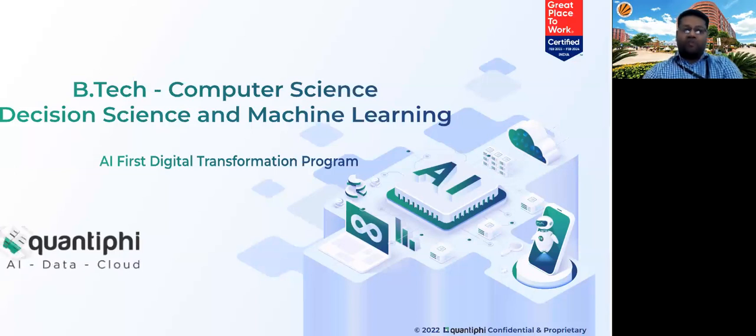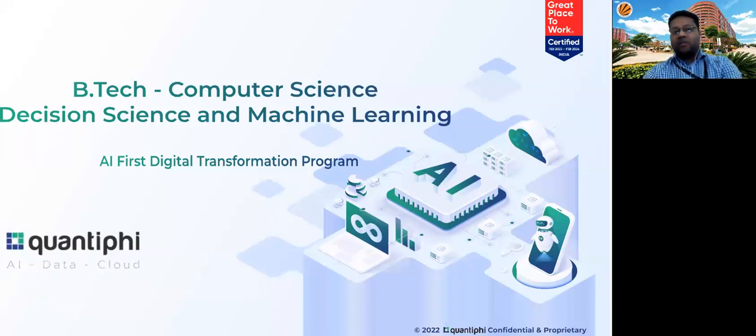Through this collaboration, you will have access to cutting-edge technologies, state-of-the-art infrastructure, and industry-relevant projects. You will be mentored by professionals from Quantify, gaining insights into the practical implementation of machine learning and decision science. This hands-on experience will be invaluable as you step into the professional world.